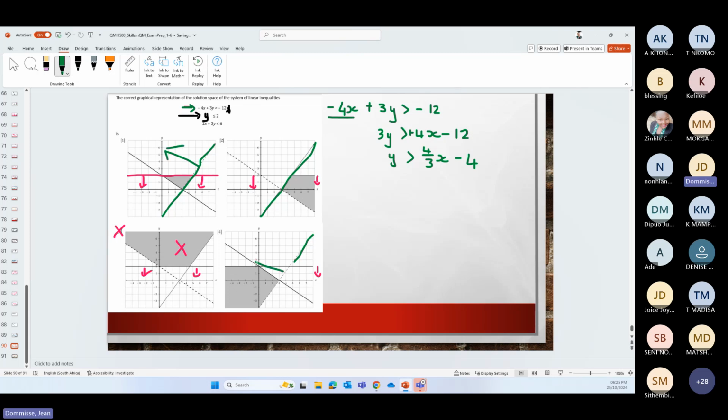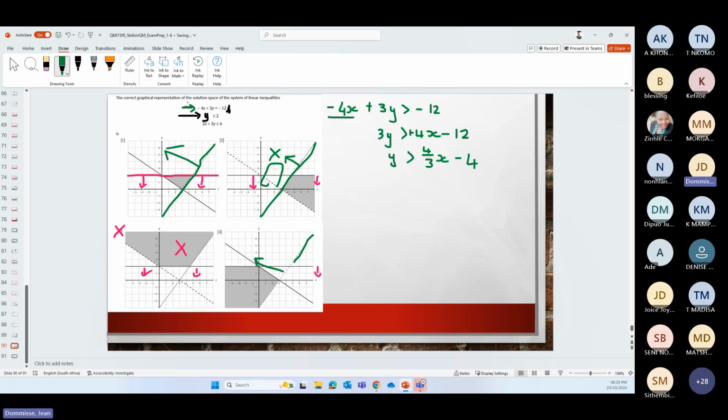So that one is excluding. So now that falls out. So we basically now sit with option 1 and option 4 as the two possible answers.